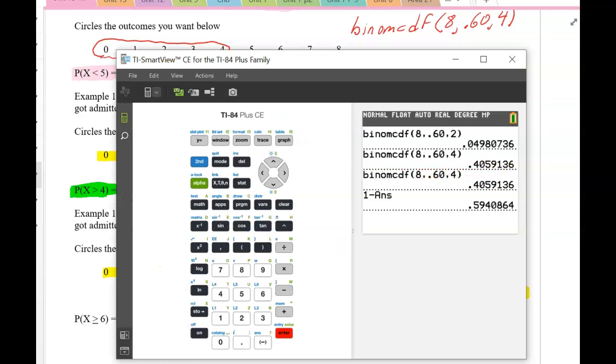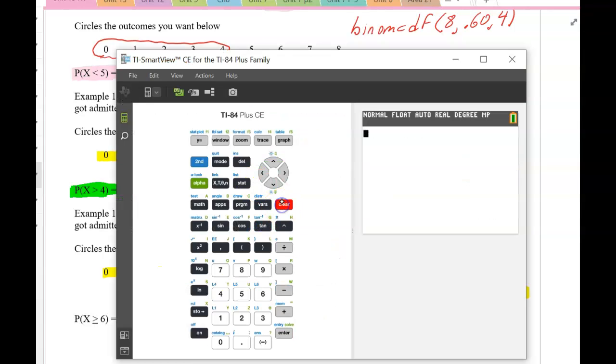So let me show you how to do that again on your calculator. So second vars, scroll up or down to binomial, or a shortcut, alpha B. 8 trials, probability of success 0.6. We want 5. We're going to go down to paste.